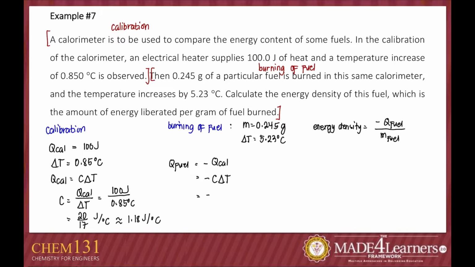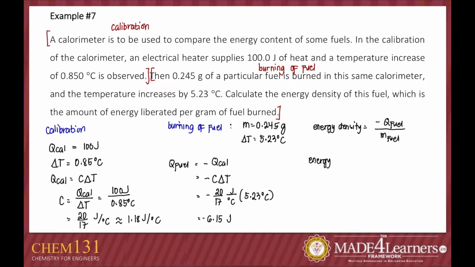So that's negative, let's use the fraction form, 20 over 17 joules per degree Celsius times the change in temperature, 5.23 degrees Celsius. So the heat of the reaction is negative 6.15 joules. So we can now compute for the energy density.